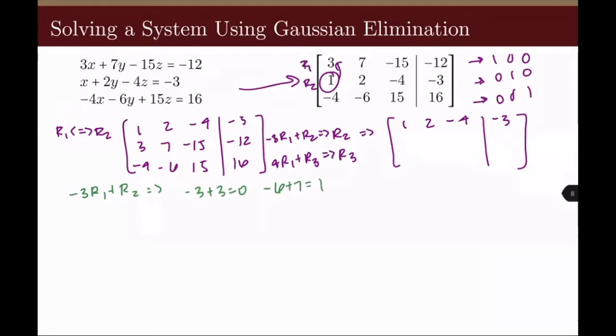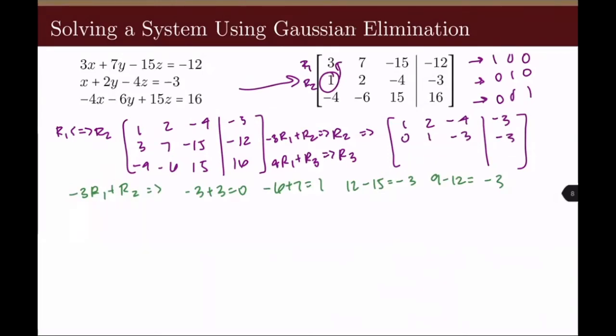And then we'll have -3 times -4 is 12, and then -15 is -3. And then -3 times -3 is 9, -12 is -3 as well. So it gives me 0, 1, -3, -3. And what's really extra convenient is I already have a 1 in my second row, which is fantastic.